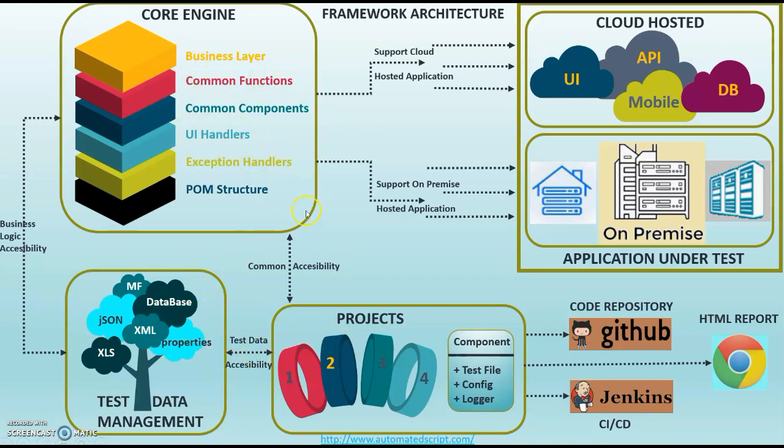Now when we jump to the business layer, we'll go one by one. It has all the capability to take test data from either JSON, XML, properties, DB or XLS. All those test data implementations are available within your business layer. Then your common functions: while doing automation using Selenium, there are certain repetitive tasks that we need to perform in order to handle page elements.